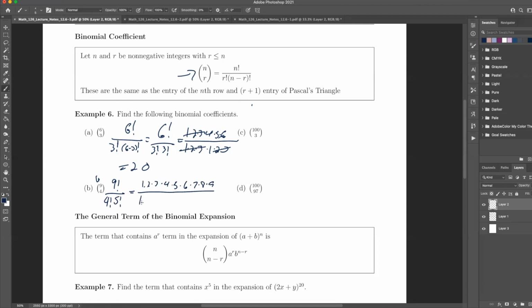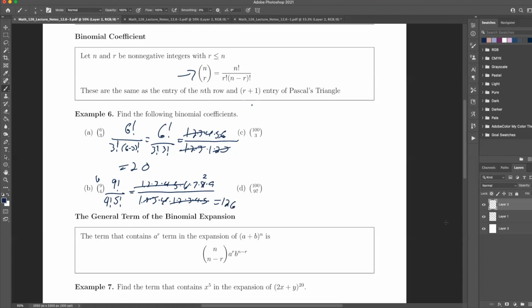Here I'll have 1 times 2 times 3 times 4 times 1 times 2 times 3 times 4 times 9. Whatever the larger one is, just cross that off the top one. Then here you can get rid of stuff. So I get rid of this and this, and here I have a 4, I can just make that a 2. So I have 14 times 9. So that'll be 140 minus 14, which is equal to 126.